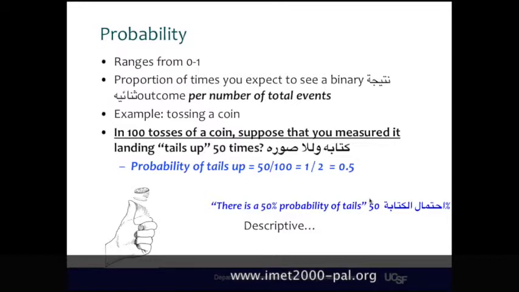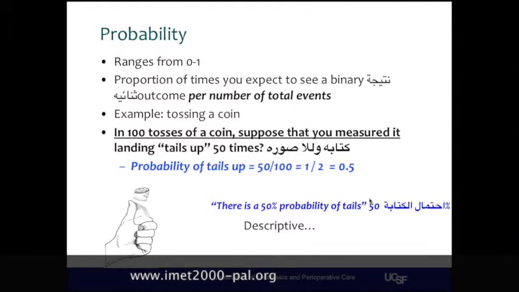Probability is something that ranges between 0 and 1, and it's a proportion. It's the proportion of times you would expect to see one of two outcomes per total number of events. An example would be the number of times a coin lands on a side when you toss the coin. So if you toss the coin 100 times, and let's suppose you measured it landing with its tail side up 50 times, we want to know how to explain the probability of getting tails up.